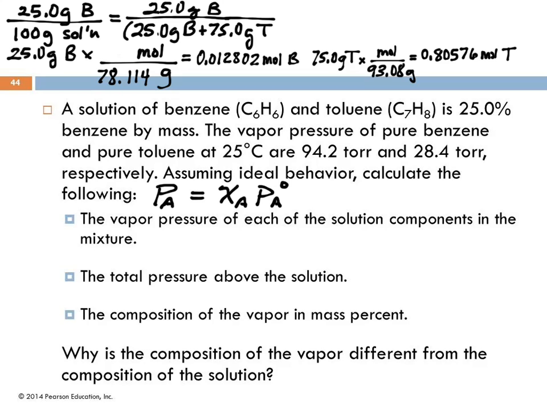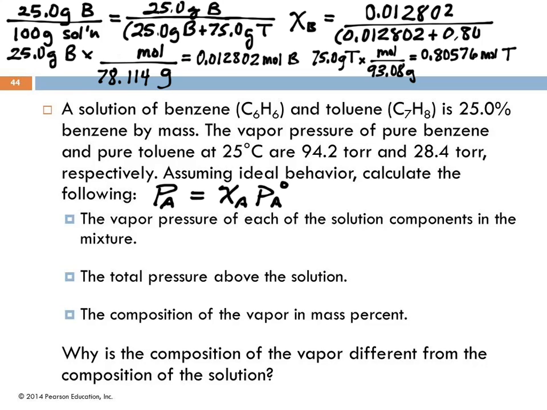So the mole fraction of benzene then is going to equal the moles of benzene divided by the total number of moles in the solution. So it's 0.012802 divided by that number plus the moles of toluene, 0.80576.